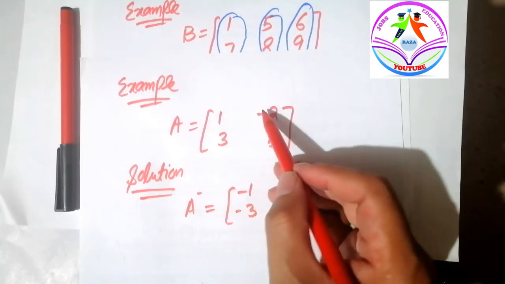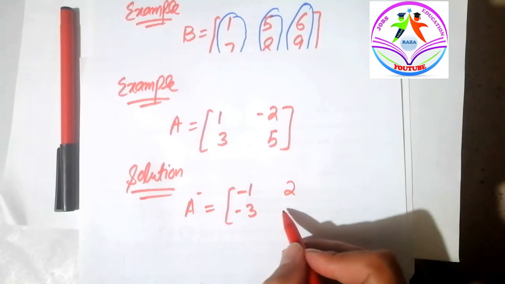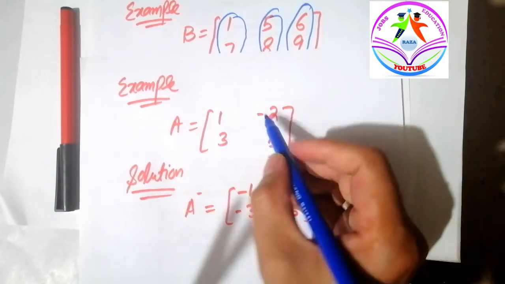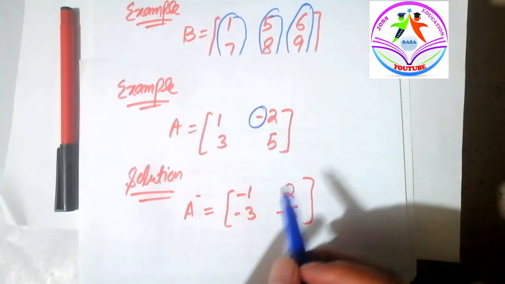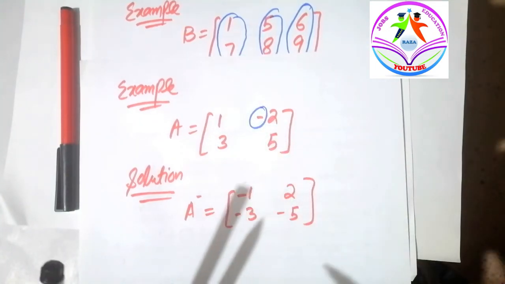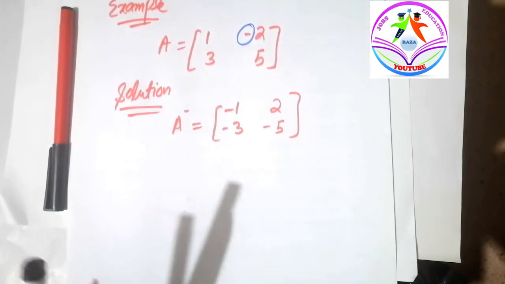We already have a minus sign there, so we can make it positive and change the sign. We have changed this negative sign into positive because according to the definition we have changed each and every element's sign. So that's the answer.